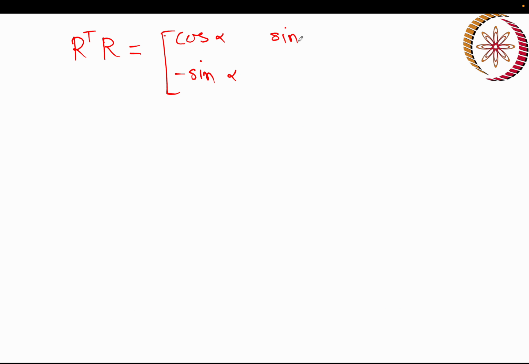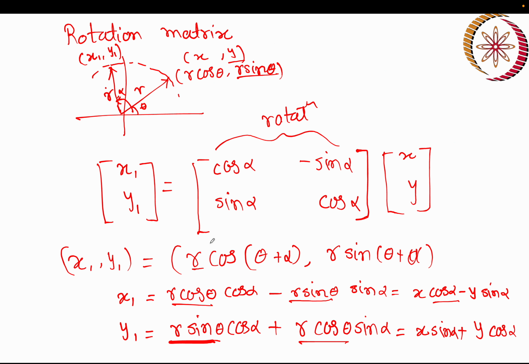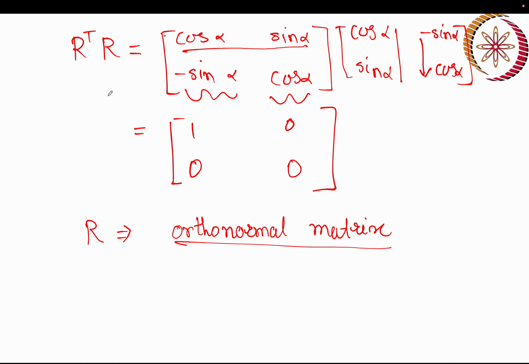And what I want to say is, if this matrix is orthonormal, then in this case you can see that the initial magnitude of the vector was r, and after multiplication also it was r. So if we have, let's say, R times some vector b, and we got some vector, let's say c, then the magnitude of b is equal to the magnitude of c.